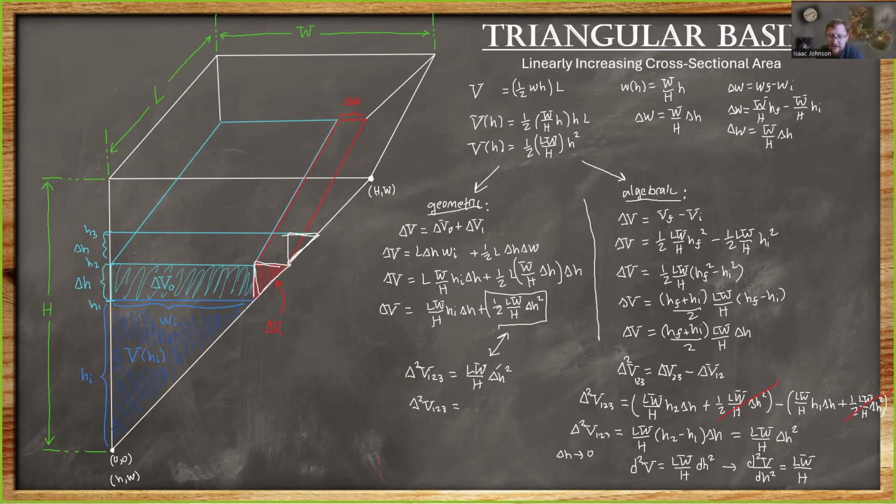What's the difference between this formula and this formula? It's doubled. The factor of 2, right? So we've found that the change of change is simply 2 of the triangular wedge shapes, right?